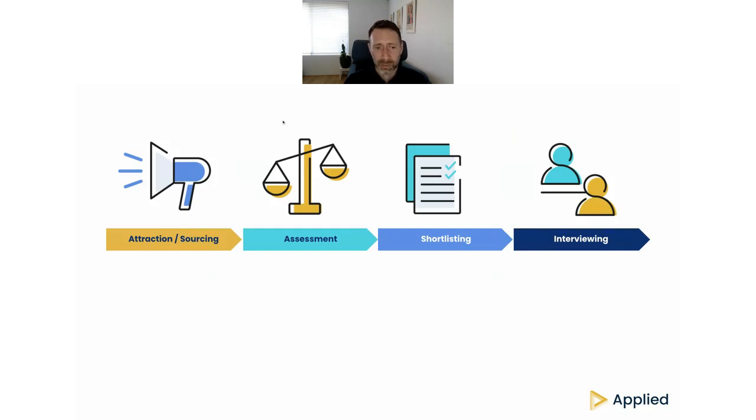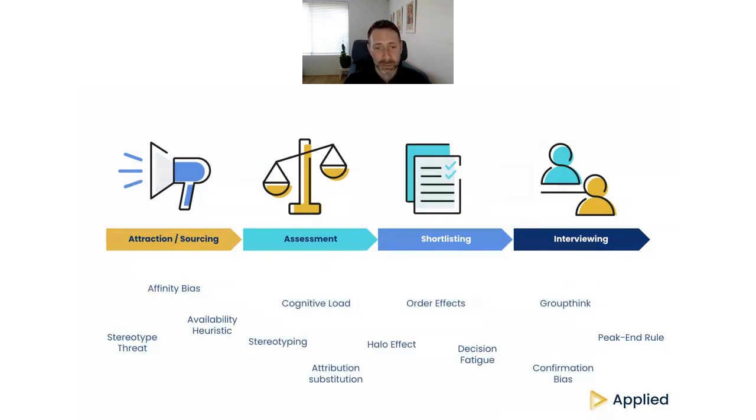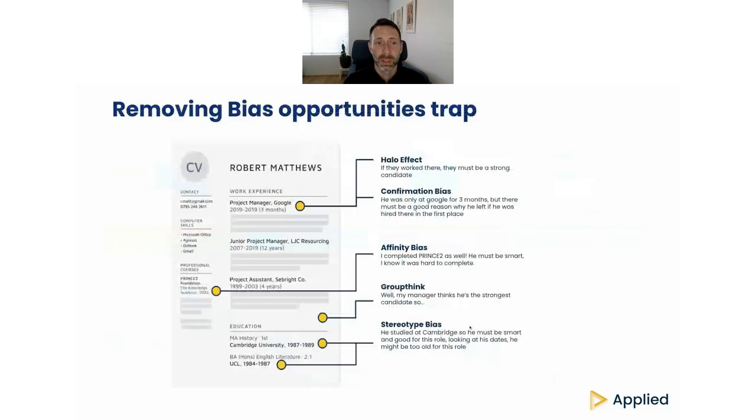So how do we do it? At Applied, if you look at a traditional process, there are so many biases that creep in, and each of these biases tends to degrade the quality of the decision-making that occurs at each stage. We saw the graphic earlier. I think there's over 300 of them. We talked about just 5 today. But what do we do?